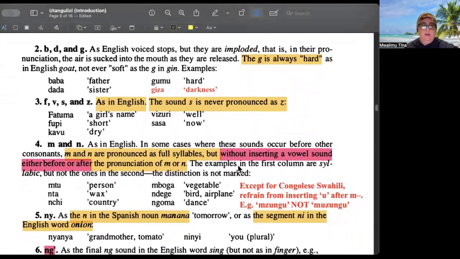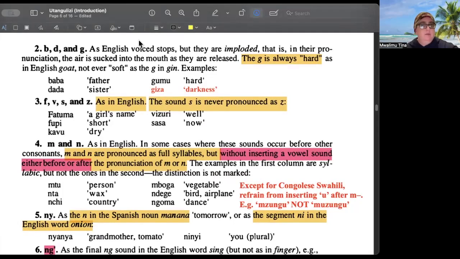Next, we have the letters B, D, and G. Again, there is a very small nuance that may be difficult to hear. This author, Hinnebusch, describes it as imploded, meaning the air is not leaving the lips, but rather there is a very tiny bit of air being sucked in to the mouth.